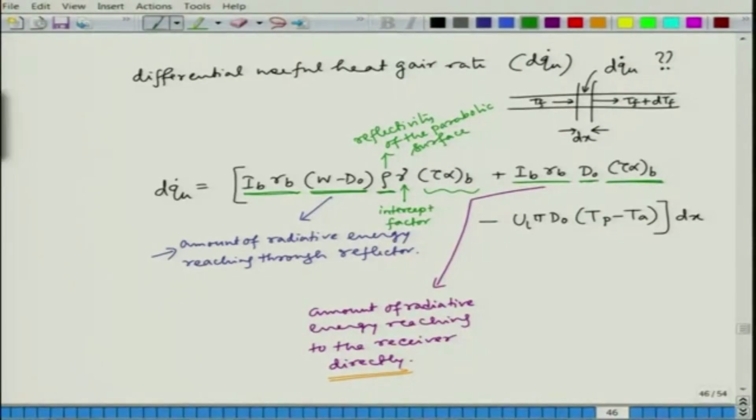So, the first and second terms give you the total input, and the third term is giving you the loss part. You can see that this loss coefficient is there, you have the circumference pi d naught and then the temperature difference. So, this is basically the area, the loss coefficient, and the delta T part. That gives you the effective loss from the receiver tube.